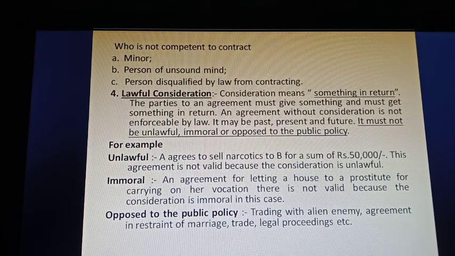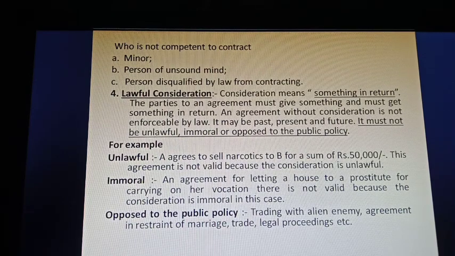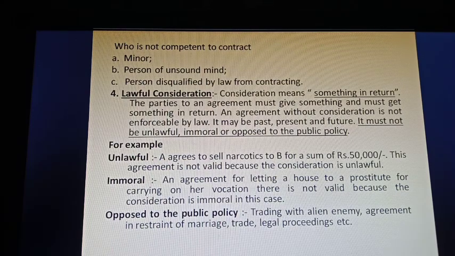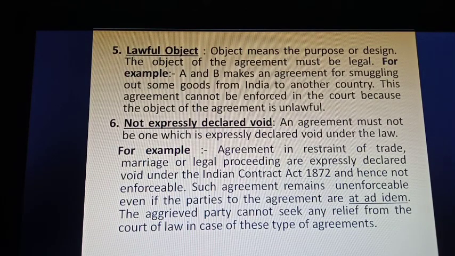If the consideration involved in this case is such a type of consideration which is opposed to the public policy, then the agreement will not become the contract. Now the fifth element by which an agreement becomes the contract is lawful object. But what is the meaning of object?